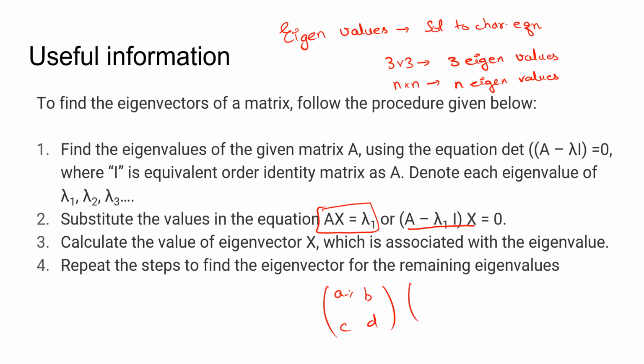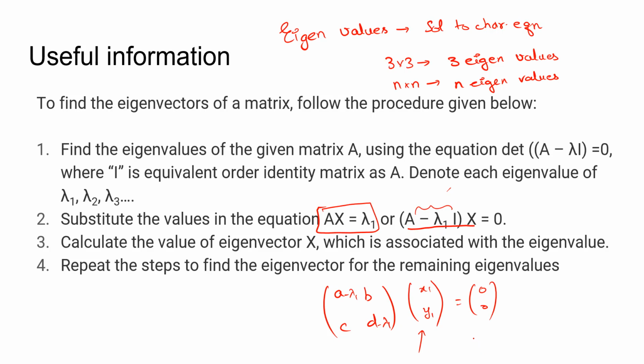So, A minus lambda 1, B, C, D minus lambda 1 is A minus lambda 1 times I. This into x1 comma y1, let us say this is the first eigenvalue, is 0 comma 0. Upon solving this equation, we will get the values of the eigenvector x1 comma y1.